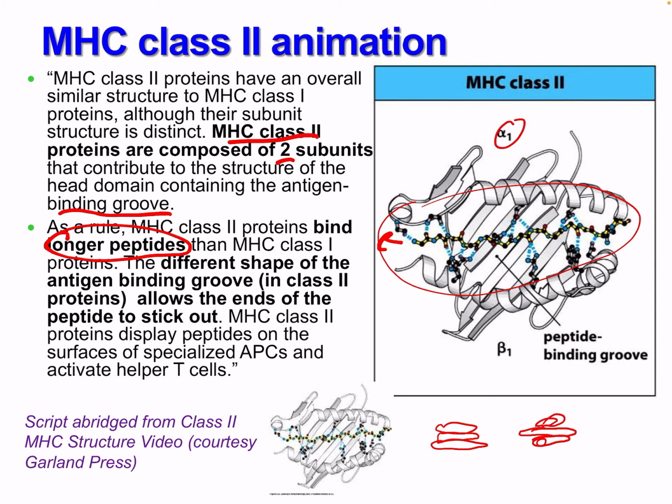The different shape of the antigen binding groove in class 2 proteins allows the ends of the peptide to stick out, kind of like in our extremely poorly drawn hot dog example. The MHC class 2 proteins display peptides on the surfaces of specialized antigen-presenting cells and activate helper T cells. So again, MHC2 to CD4 positive T cells.